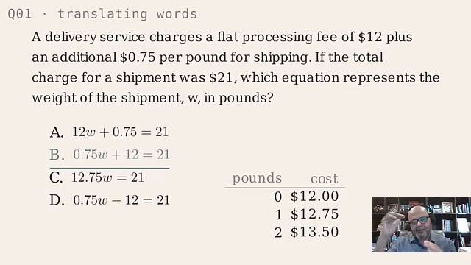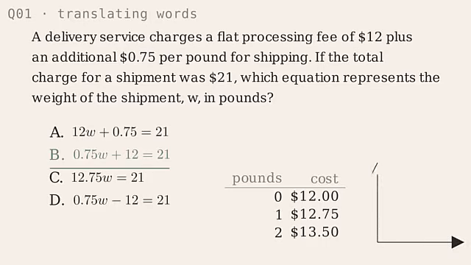Notice the jump is always 0.75. The graphical language: if you're drawing a graph, the line would cross the vertical axis at 12, your flat fee, and rise with a steepness of 0.75.